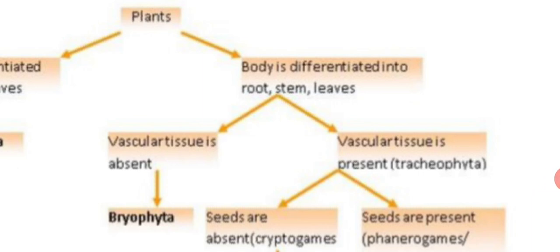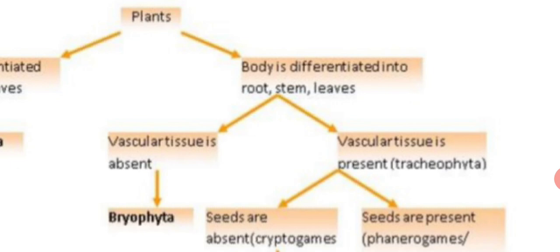Xylem consists of tracheids, vessels, xylem parenchyma and xylem sclerenchyma, isn't it? Similarly, phloem consists of sieve tubes, companion cells, phloem parenchyma and phloem sclerenchyma.